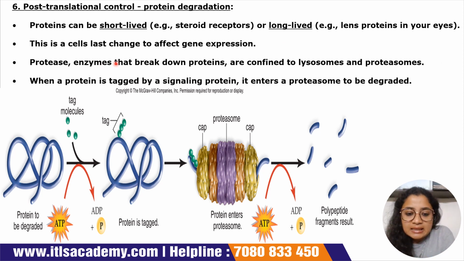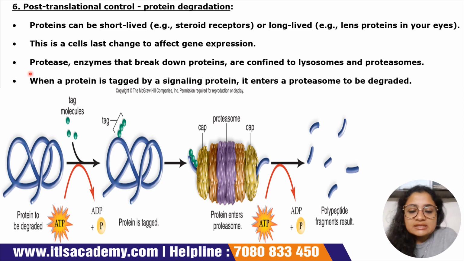This is a last chance to affect gene expression. Depending on how the gene expression is changing or regulating itself, that will ultimately be reflected in the functionality of the cell, isn't it?